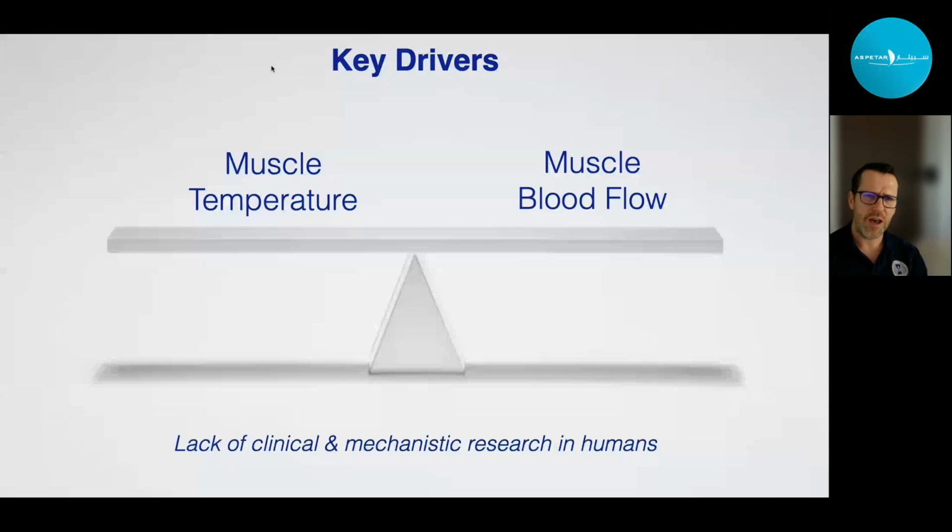So we have to be careful that we factor in both of these aspects, because as I've just shown you, we are seeing differences in muscle blood flow which happen as a consequence of different degrees of cooling. The problem is, as I've said, there's such a lack of clinical and mechanistic research that have manipulated these variables using quality measures that I've just referred to that give us some idea around tissue and skeletal blood flow.